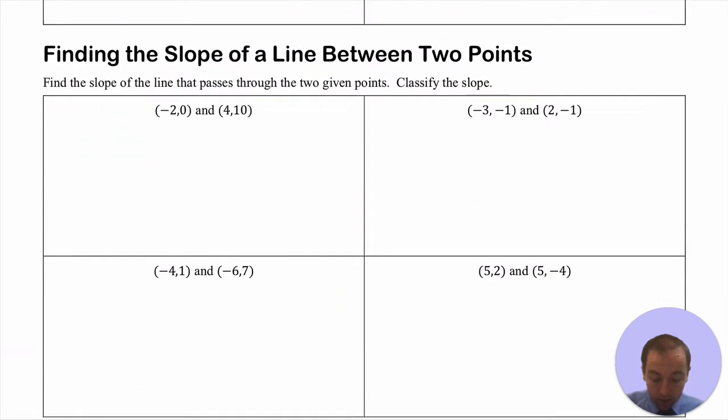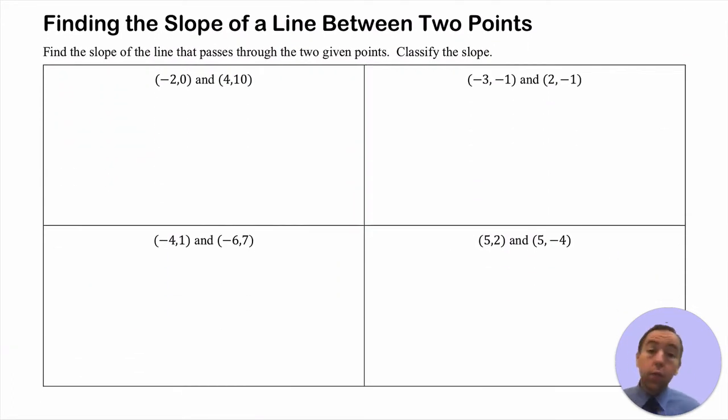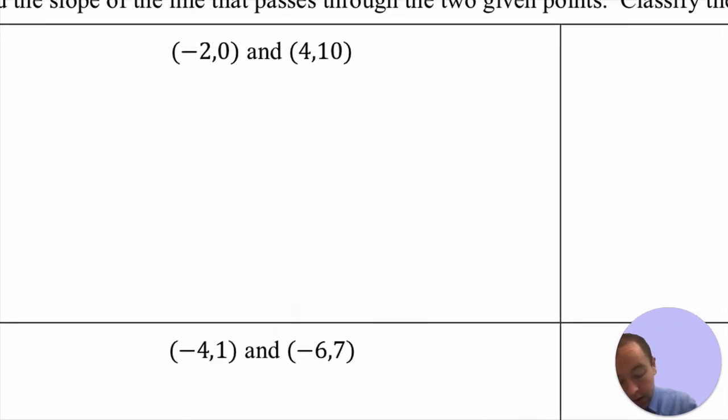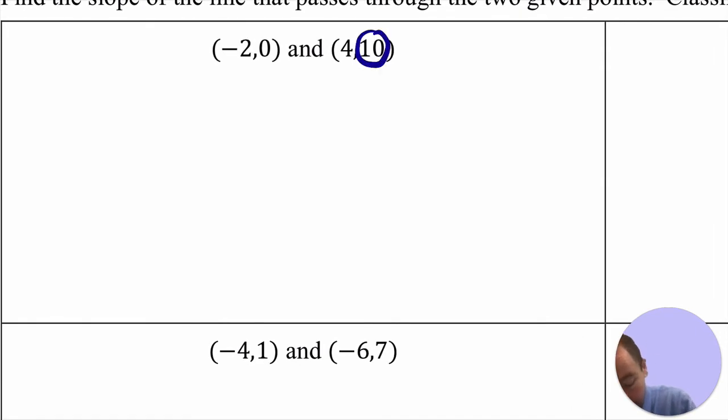So now I want to take a look at being able to find the slope of a line that passes through two given points, and then also classifying the slope. To find the slope between two given points, you can just use the slope formula where you find the change in the y and the change in the x's. So you'll want to identify the y coordinates and then find the change in those. If you did 10 minus 0, that's great.